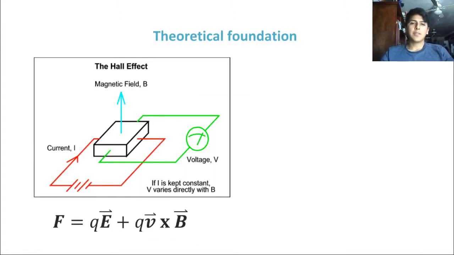And the theoretical foundation. The Hall effect on the conductor is well known. If an electric current I flows through a rectangular conductive sheet of thickness d, and if this conductor is situated within a magnetic field B applied outside the plane of the sheet, the Lorentz force acts on the charge carriers of the conductor.